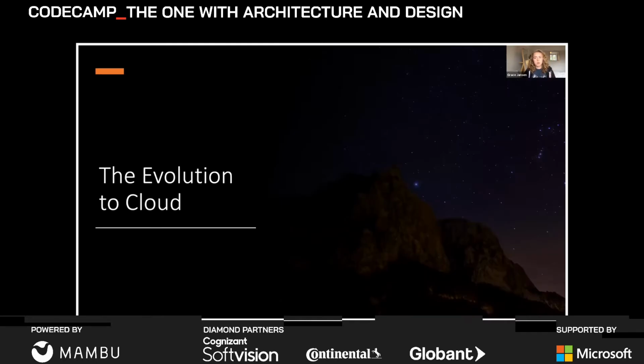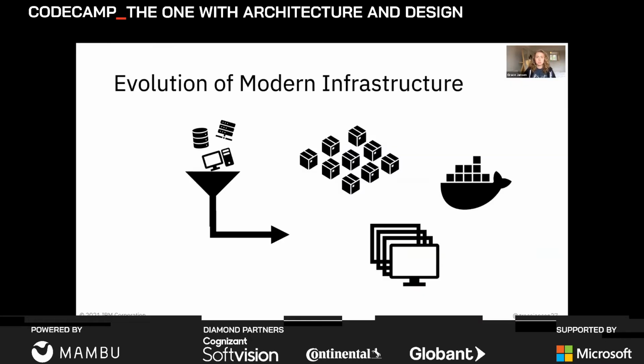So why are we even talking about cloud? Just to give you a brief introduction to this, you've probably covered a lot of this yesterday. This evolution to cloud has been a gradual thing. The first thing that evolved was the underlying infrastructure that we're using. We used to have single cores, but now we're able to take advantage of multiple threading, multiple cores.